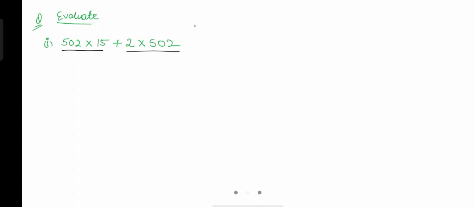You just have to multiply 502 with 15 and 2 multiplied by 502. So technically, if I write 502, and in the bracket I write 15 plus 2, and if I open it up again using the distributive property, that will be 502 multiplied by 15 and then 502 multiplied by 2, or any order you want.